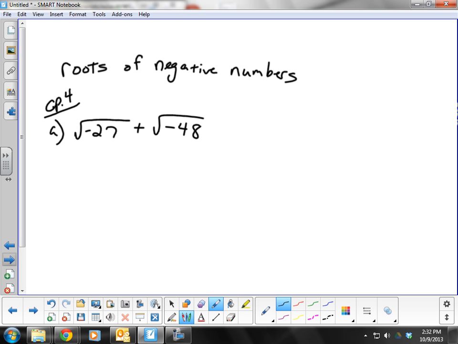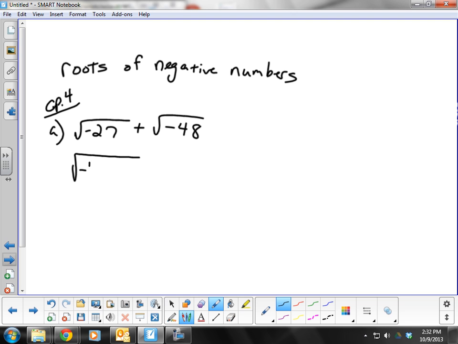Now, square roots work like terms too. And so I can have a number times the square root, and I can use that like a coefficient to combine things. But the only time I can do that is if the number underneath the square root is exactly the same for both of them. So right now, the way this is written, I can't do anything with this. But I can break this down, what we call rationalizing this.